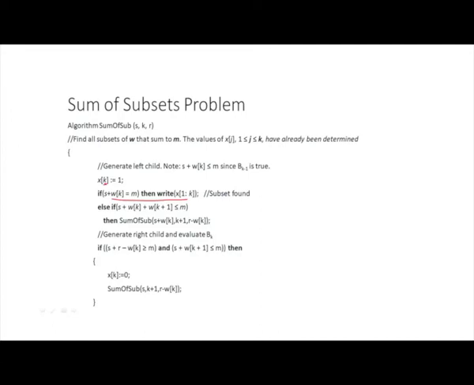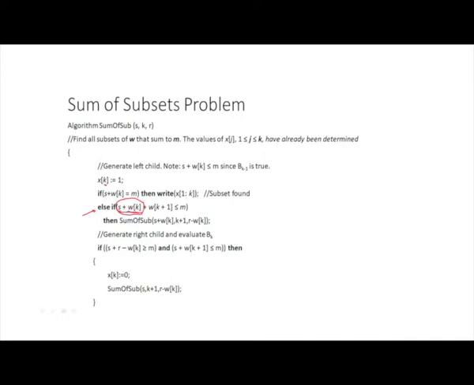Now, whether or not we have to generate the left or right child, or whether or not we will continue using this current path, we will have to check the bounding conditions, and that is what we are doing here. Now, if we have not found the solution, then if the current sum plus the current weight, so let us represent this as the weight so far, because we have considered weight number k, as you can see there.